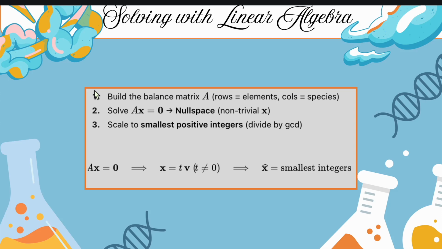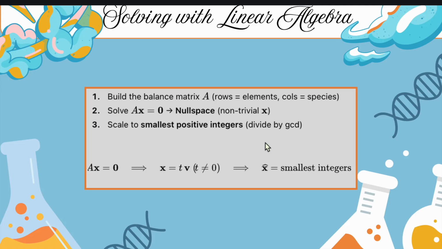This means finding the null space, which gives us the ratio of the coefficients. The third step is to scale the solution to the smallest positive integers. This guarantees the reaction is balanced systematically, and no guessing is needed.